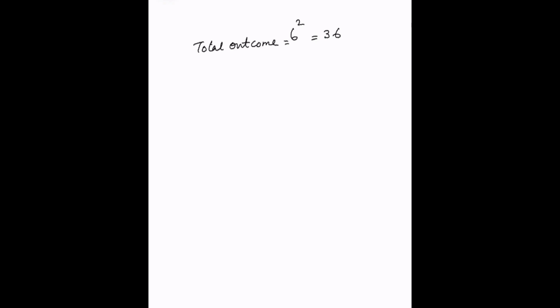Next part of the question is, the event is the product of numbers of the dice is 4. So probability of product of the numbers of the dice is 4. In which all are the favorable outcomes that give you product 4?